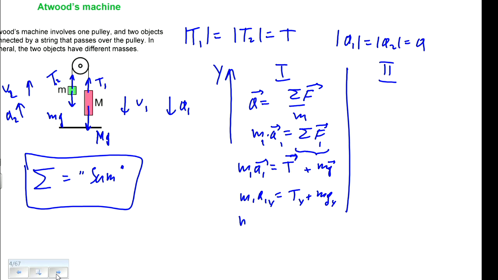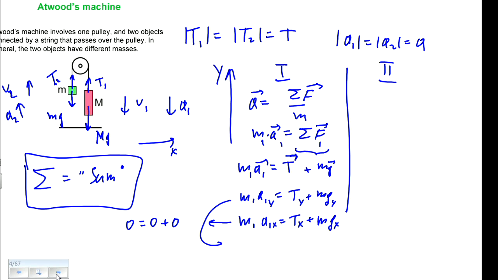And in general, just a review, we have 2 components. However, in this situation, relative to the x-axis, all vectors have the same component, which is 0. So this is 0 equals 0 plus 0. Not surprising.